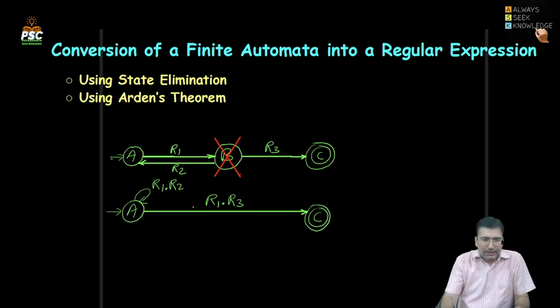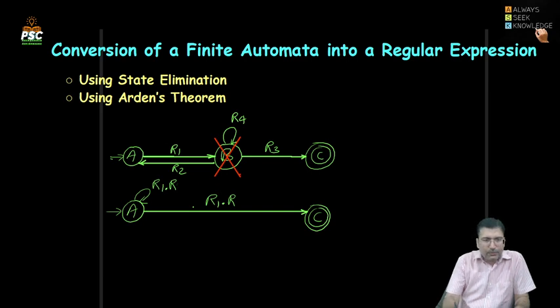Now if we consider that there is a loop on this state, let's say I assume there is a loop with regular expression R4. In this case, if we eliminate this state B, what do we need to consider? When we were considering this loop, it was R1 R2. Now that is not the only thing here; there is R4 also.